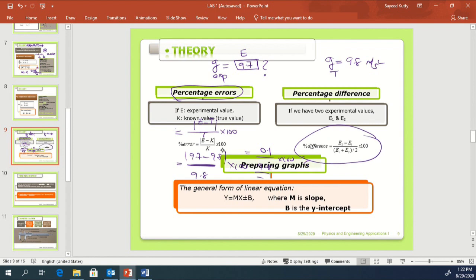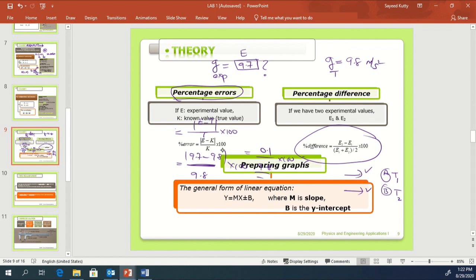And this is the percentage difference. Imagine we are asking you to do an experiment, and we have several methods to find that. Maybe you use method A and method B, and from both methods you get the same quantity. Let's say we are asking you to calculate the room temperature using different methods. First time you measure and get the temperature T1, and second time you measure using another method and we call it T2.